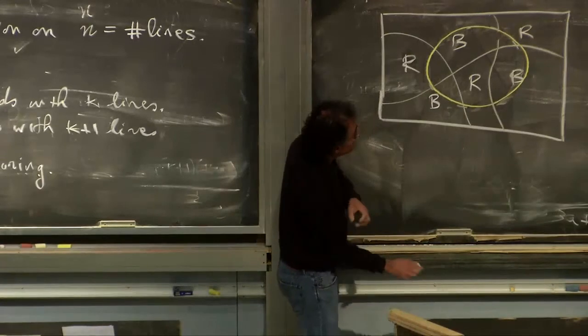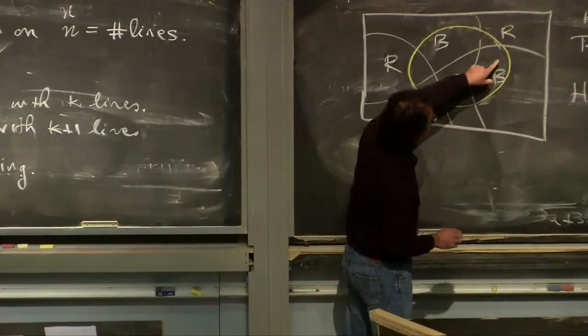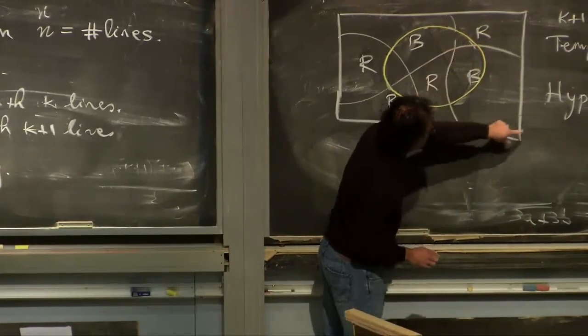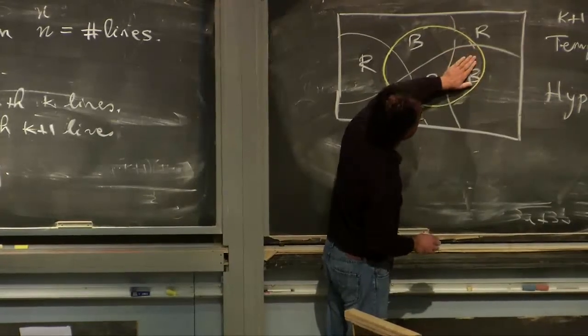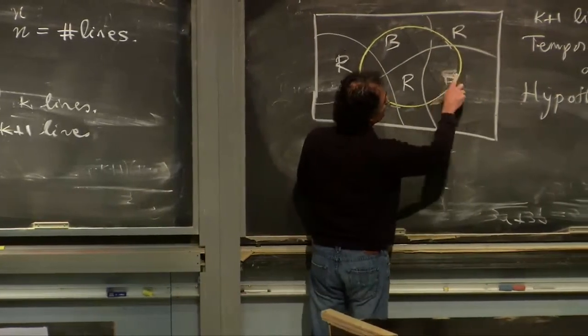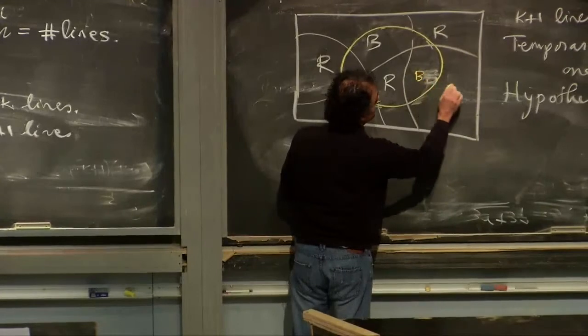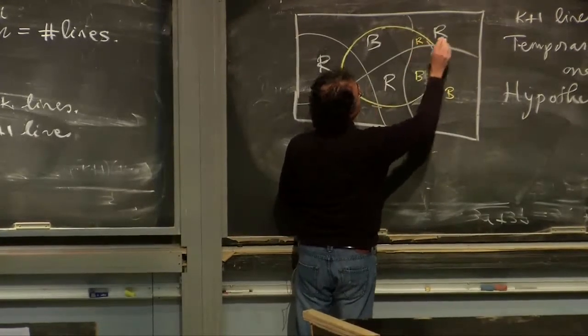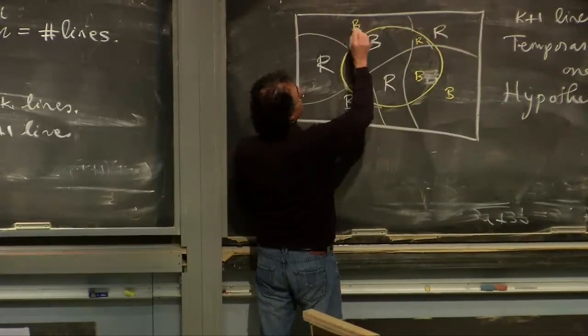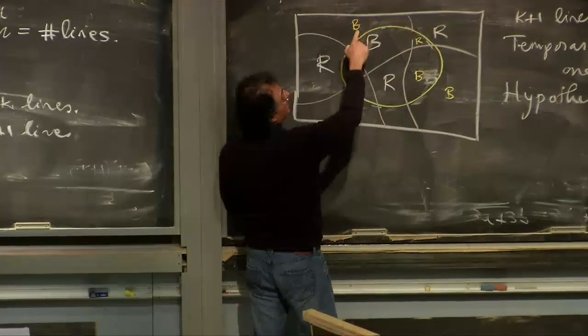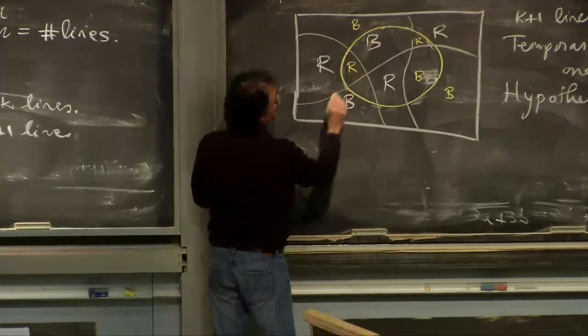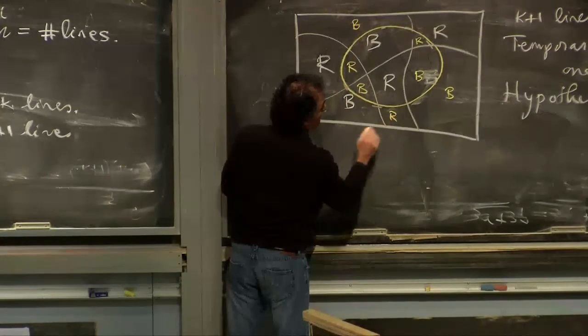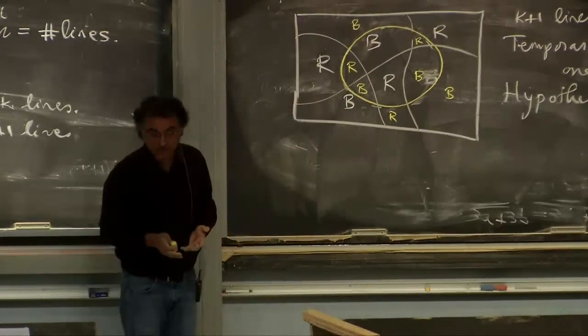So, in other words, right now, this blue region got divided into two. There's blue inside and blue outside. Right? So each of these regions became blue inside, blue outside. This was red inside, red outside. Blue inside and out, red inside and out. Right? That's what the coloring looks like right now.